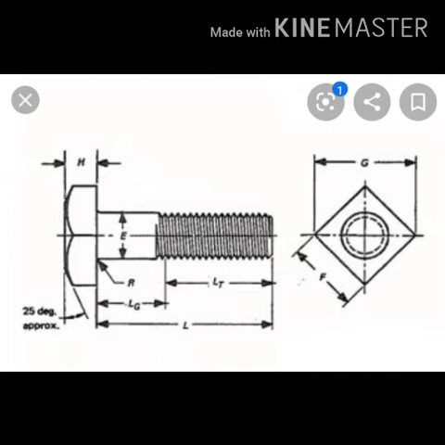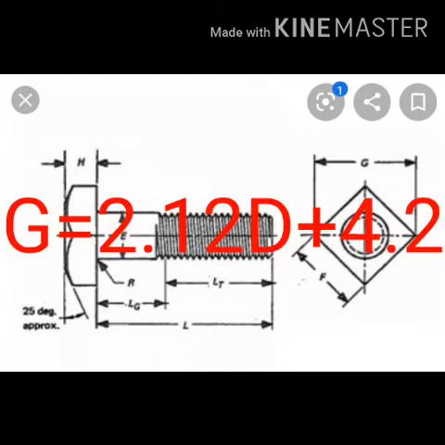Let's discuss another type of headed bolt. Its head shape is square in section, so we can say that it is a square headed bolt. Its parameters are almost the same as those of a hexagonal headed bolt, except 2 of them. That is the corner to corner distance and flat to flat width of the square headed bolt, which are different from the hexagonal headed bolt.